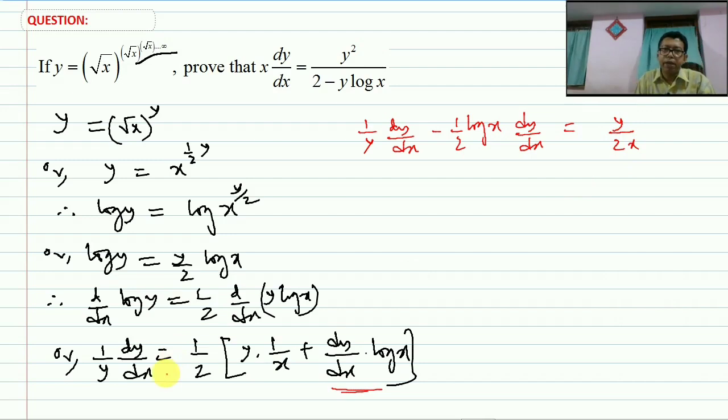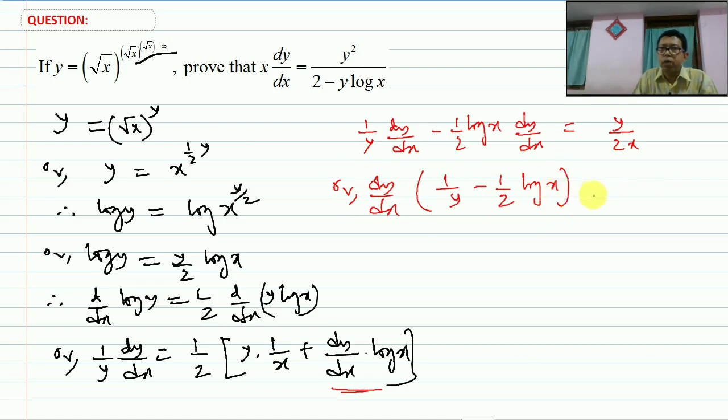Y divided by twice x means half times y divided by x. You may now take dy/dx common: dy/dx times (1/y minus half log of x) is equal to y divided by twice x.